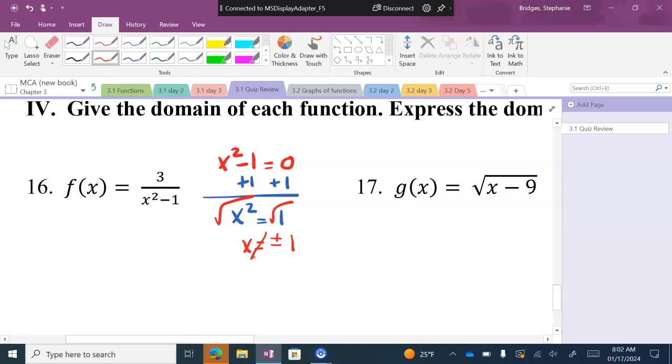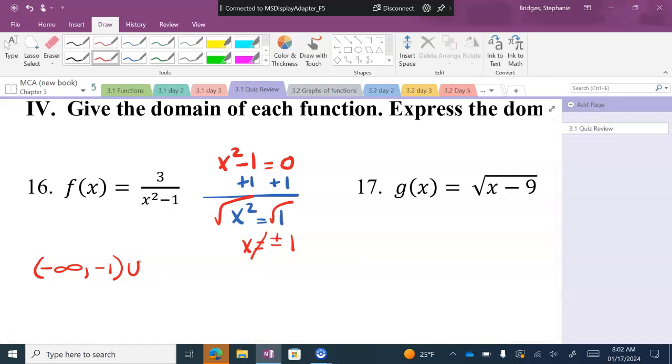Okay, so I cannot have positive 1 or negative 1. Everything else will work. So if you remember, hopefully, and if not, you can draw your little number line. It's going to be everything to the left. What would that first interval look like? Negative infinity to negative 1, parentheses, and then in union with, what would that middle one look like?